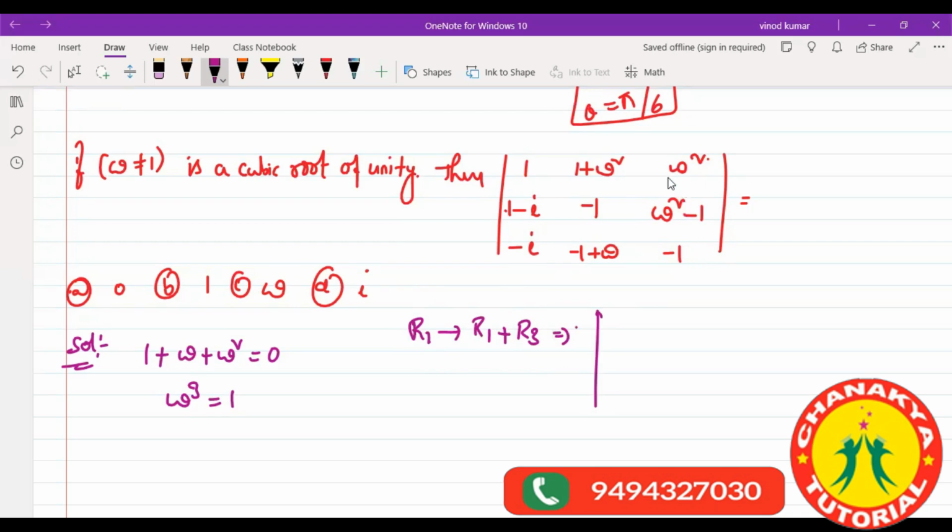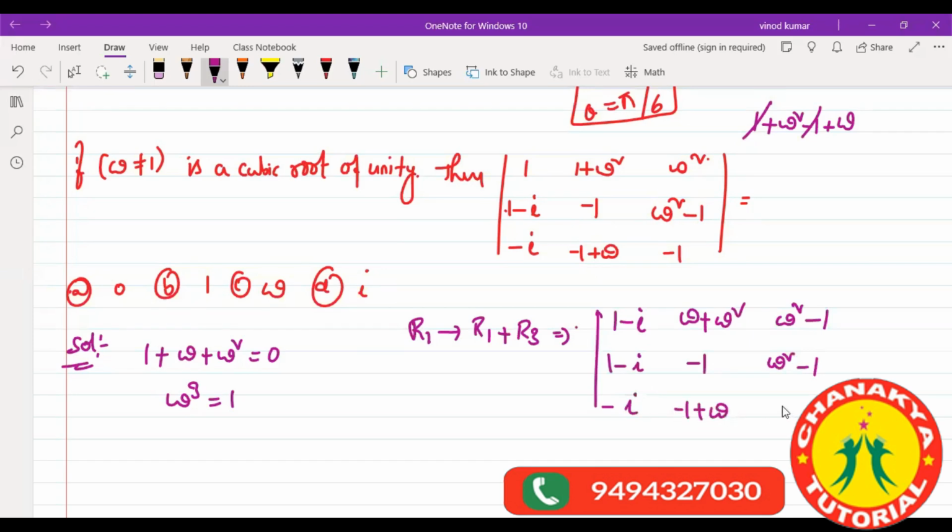After that we can get: R1 plus R3 means 1 minus i; here 1 plus omega square minus 1 plus omega, minus 1 plus 1 cancel, then omega plus omega square; and omega square minus 1. And 1 minus i, minus 1, omega square minus 1. Here minus i, minus 1 plus omega, minus 1.